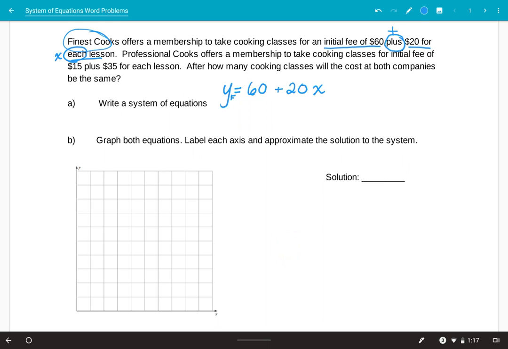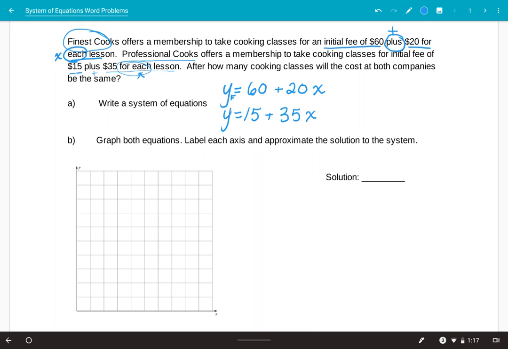Now, Professional Cooks offers a membership for an initial fee of $15 plus $35 for each lesson. For each, that's your X. So we're going to get Y equals 15 plus 35X.